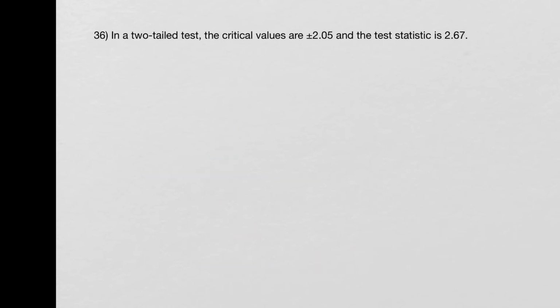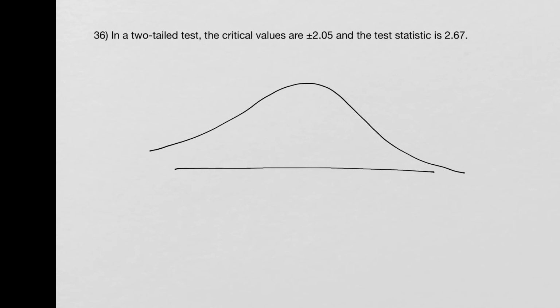Okay, in 36, we have a two-tail test. The critical values are plus or minus 2.05. So now with a two-tail test, again, I've got my center is 0, 1, 2, 3, 2, 3. And critical values are at plus or minus 2.05.